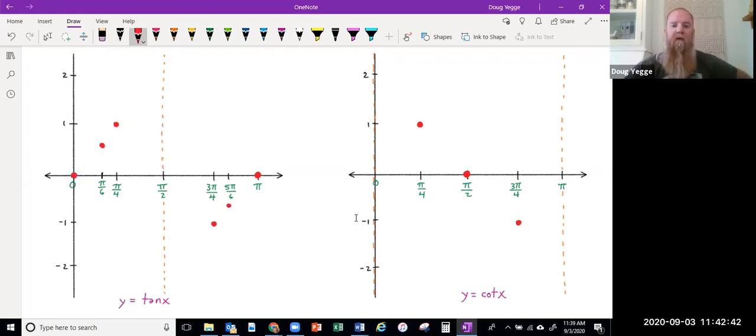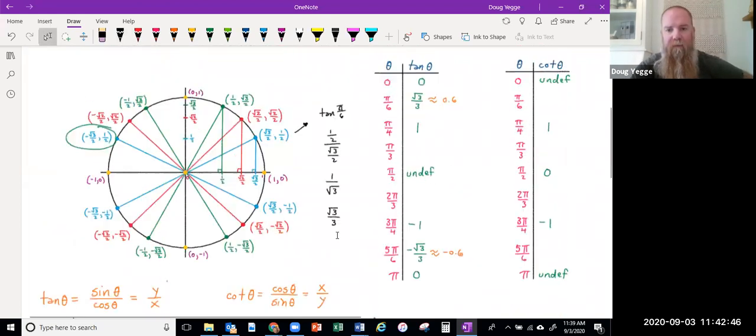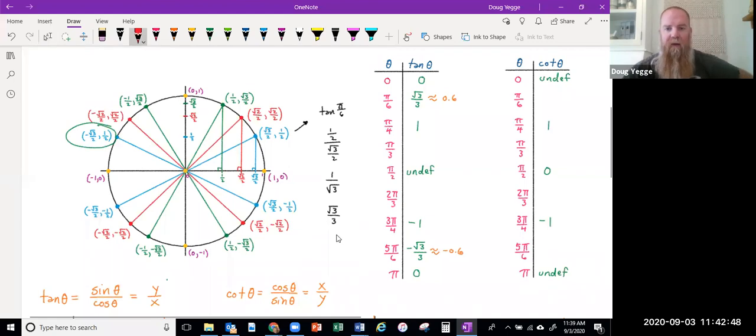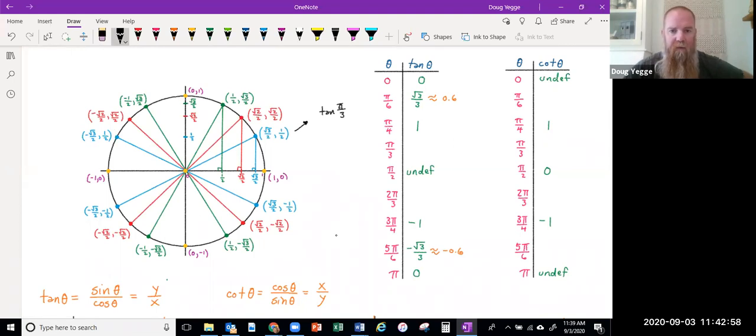Okay. So we can now see on our pi over 3 angles, they are going to give us the reciprocal of this. So if I now take a look at pi over 3, which is going to be this value, now I'm taking root 3 over 2 and dividing by 1/2. And when I multiply by the reciprocal, I simply get root 3.